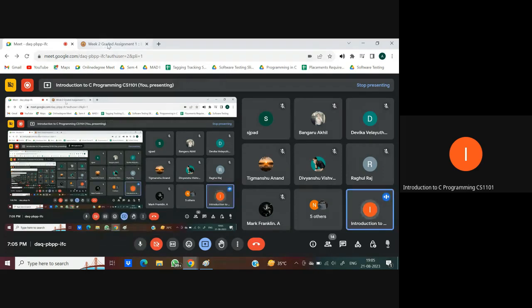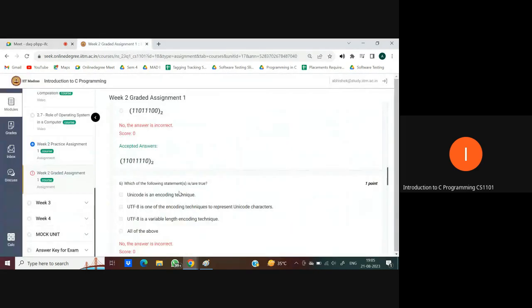All right. So, Unicode as an encoding technique.